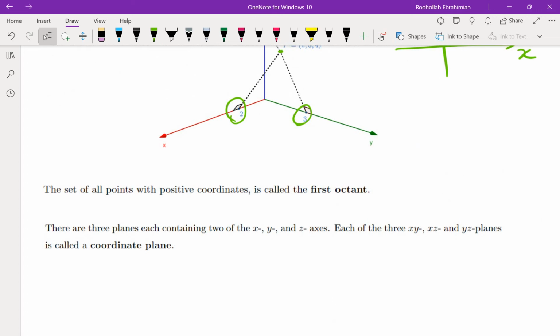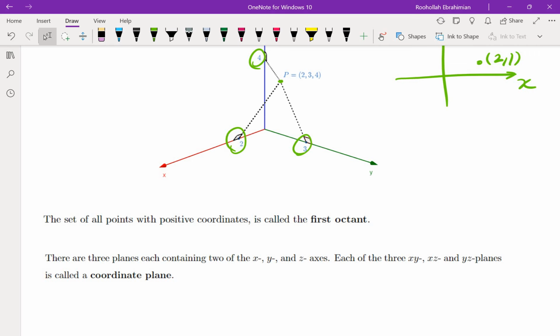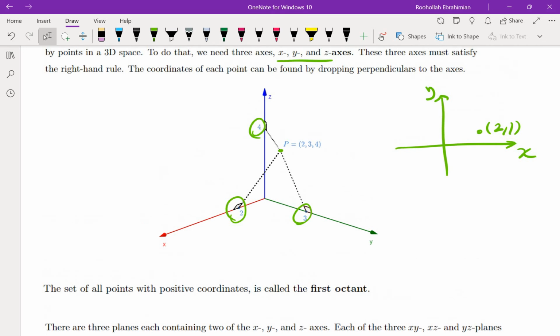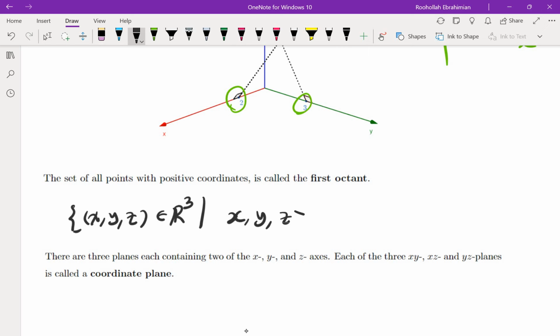The set of all points with positive coordinates is called the first octant. So all of the points (x, y, z) in R3 such that x and y and z are all positive, this is called the first octant.